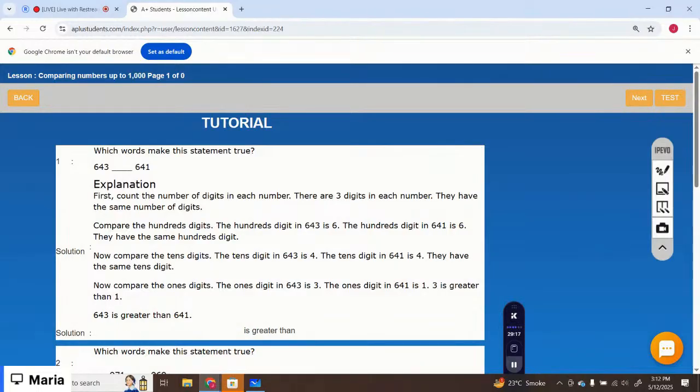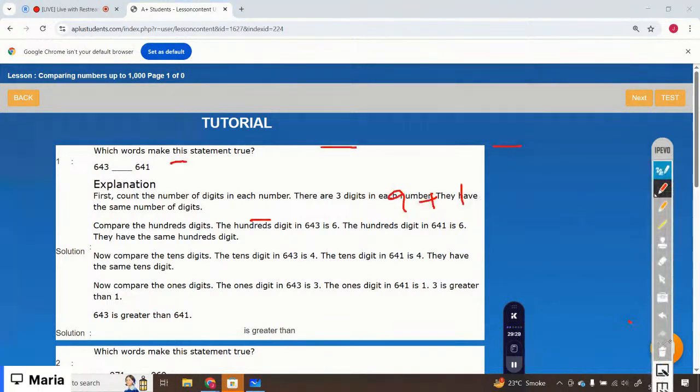Both of the numbers are three-digit numbers, right? Start with the greatest place value, that is 100. Both the numbers are exactly equal at the hundreds place.